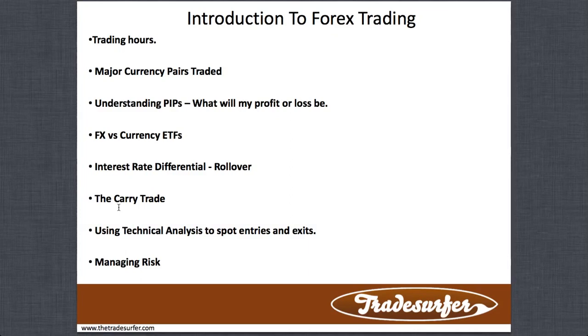Later we'll look at foreign currency or Forex trading versus currency ETFs, and there are ETFs that track currency. You hear a lot of things about the carry trade or interest rate differential / rollover. Sometimes you can actually make interest or lose interest or pay interest depending upon whether you're long or short a pair, and I'll explain that.